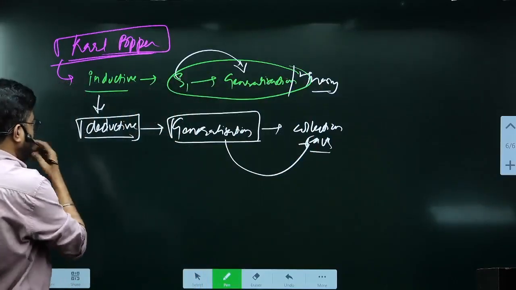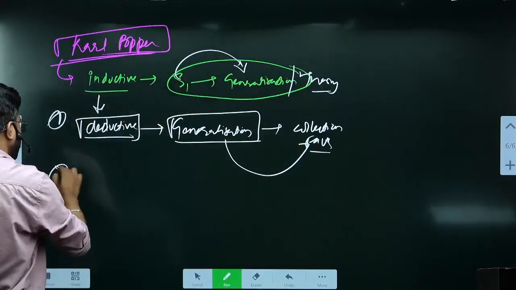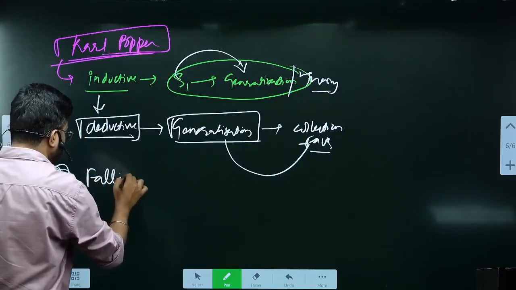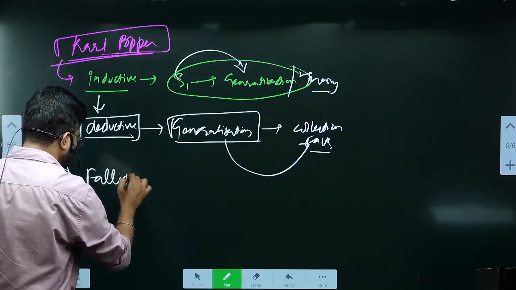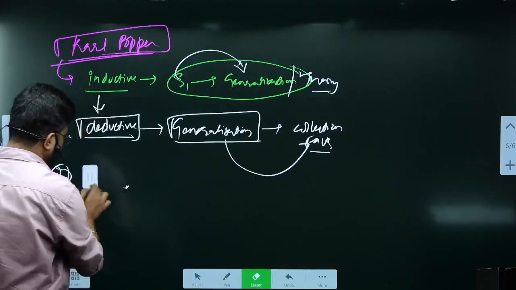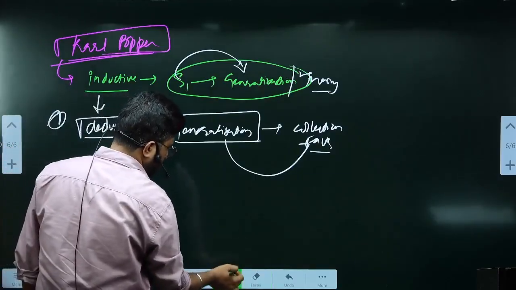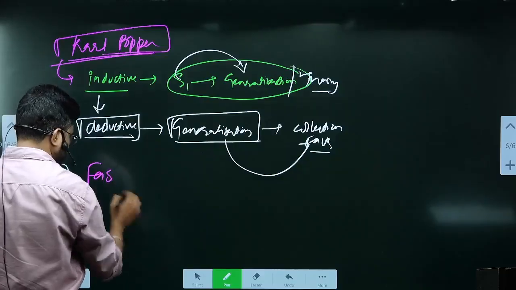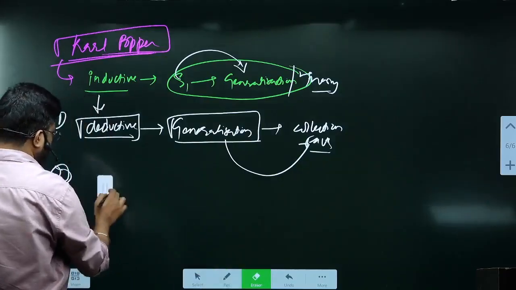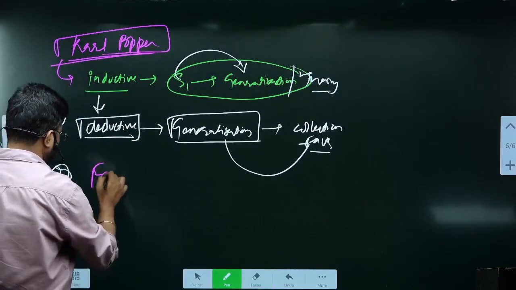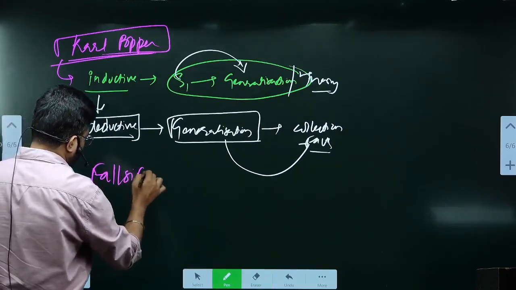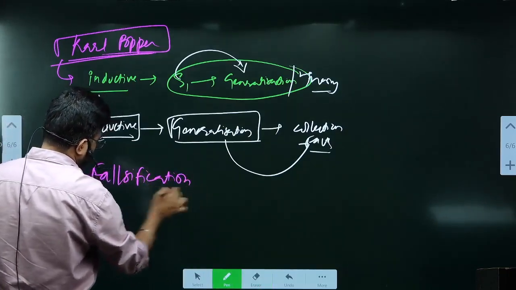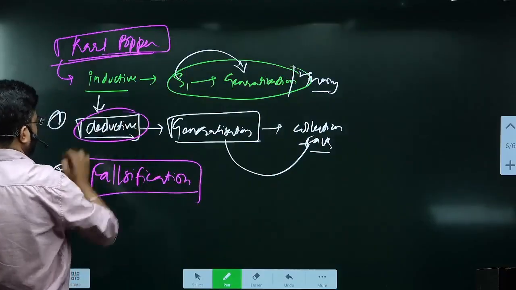Okay. Second, researchers should look for falsification. First deductive approach, second falsification.